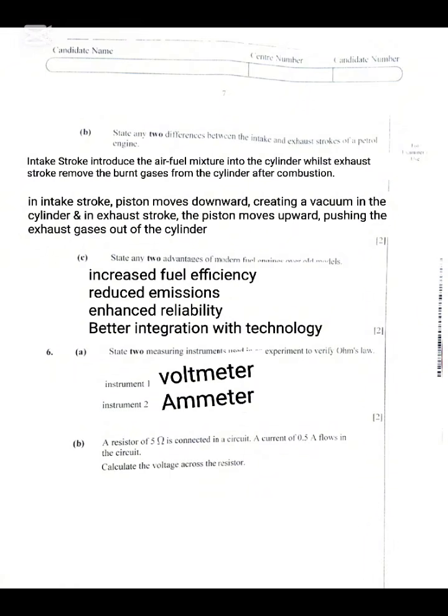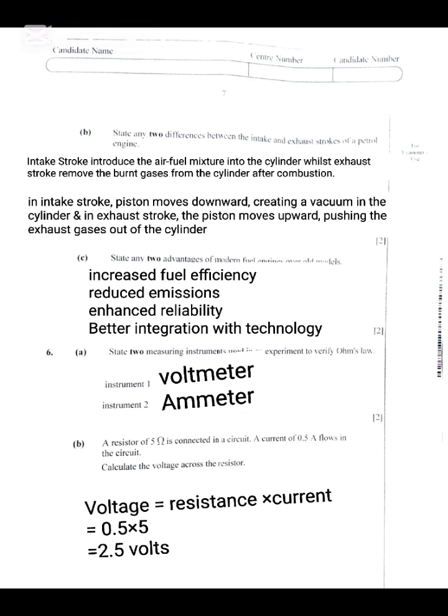And then part B, a resistor of 5 ohms is connected in a circuit. A current of 0.5 amperes flows in the circuit. Calculate the voltage across the resistor. So you get your 1st mark by giving the correct formula.